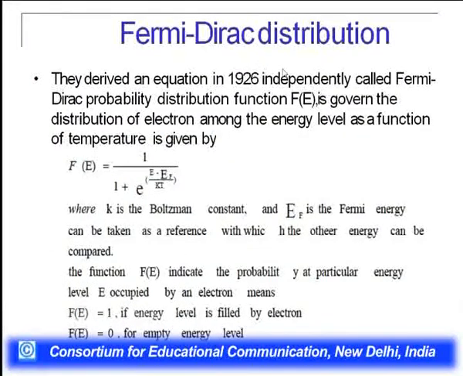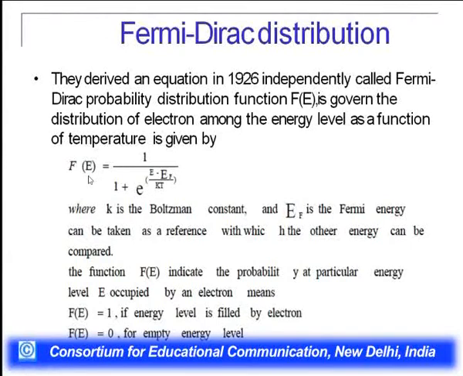What is the Fermi-Dirac distribution function? The Fermi-Dirac distribution function, as we already discussed, is used for the distribution of electrons in the different electronic states. It was derived in 1926, independently obtained as the Fermi-Dirac probability distribution function, and governs the distribution of electrons among the different energy levels as a function of temperature.